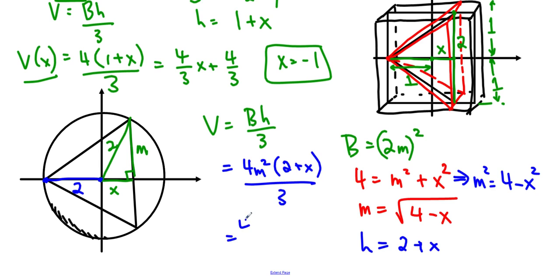So 4 times 4 minus x squared times 2 plus x over 3. So you can see that adding the spherical part of it changes it a little bit, but it just means that we can use Pythagorean theorem in different ways to figure out what the answer is.